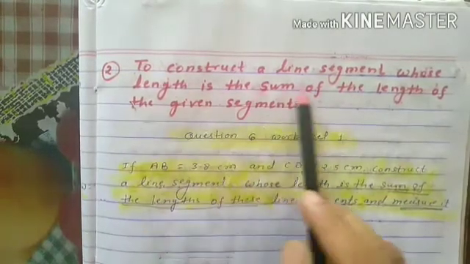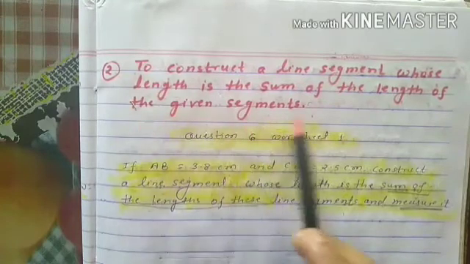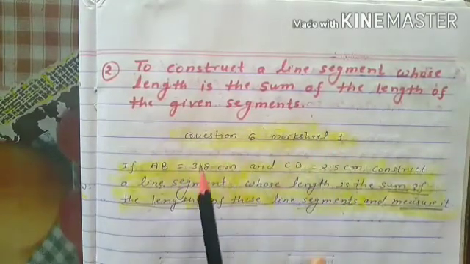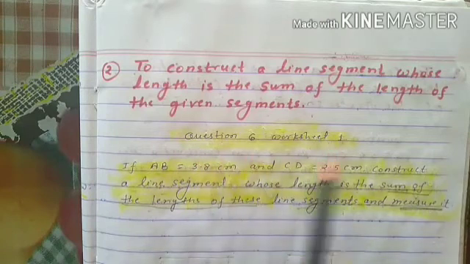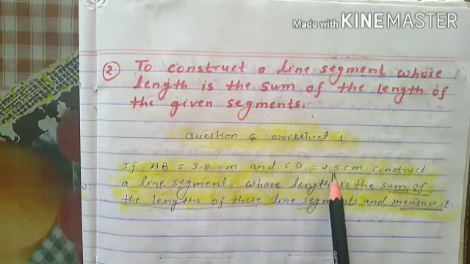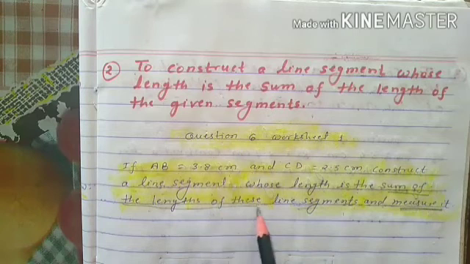Second, to construct a line segment whose length is the sum of the length of the given segments. Let us understand this by taking one example. Question number 6, worksheet 1. If AB is equal to 3.8 cm and CD is equal to 2.5 cm, construct a line segment whose length is the sum of the lengths of these line segments and measure it.